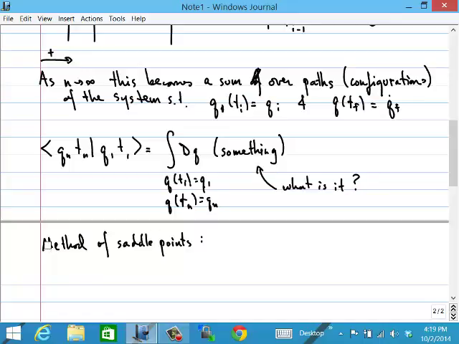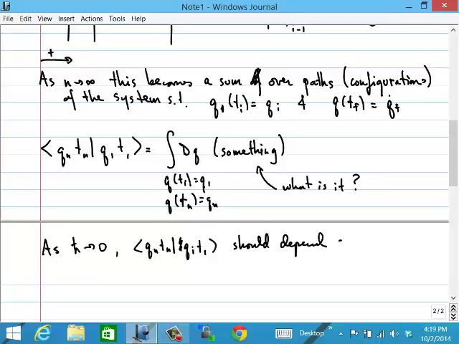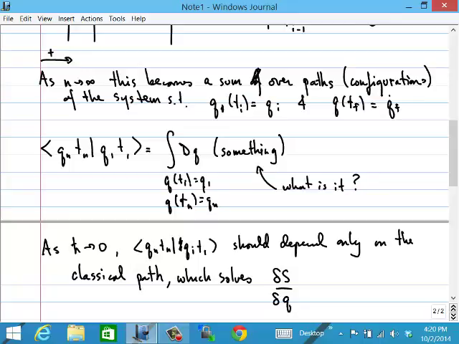Okay. So, in particular, we know that as you take a classical limit, so that as you take h bar to 0, this amplitude should depend only on the classical path through configuration space that the particle takes, which solves the equation of motion of the theory, which is the Euler-Lagrange equation, namely the variational derivative or the functional derivative of the action with respect to q is equal to 0.